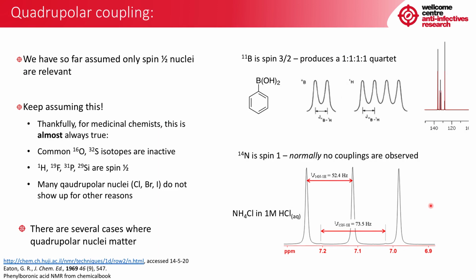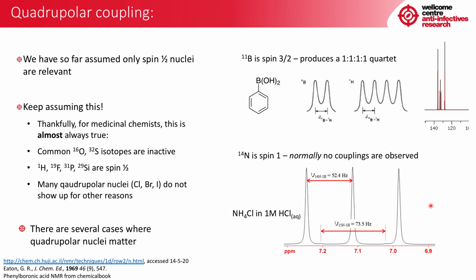And the reason for this is that a lot of the isotopes we have to deal with are spin-1/2, inactive or not visible under common NMR settings. So oxygen and the major sulfur isotope are inactive. Hydrogen, fluorine, phosphorus, silicon, and the less abundant carbon-13 are all spin-1/2. The likes of the halogens are quadrupolar, but you don't see them.